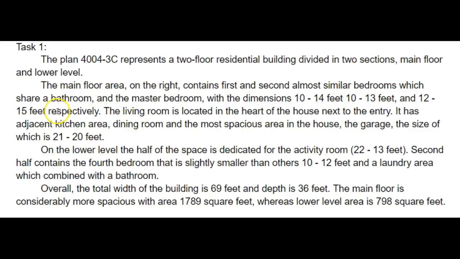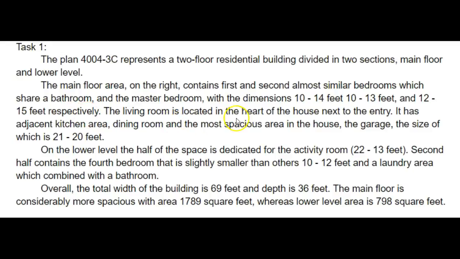If you're going to use a respectively phrase, keep the list of things quite short so that the whole sentence comes together easily. So on the right of the image is the main floor area. It contains the first, second and master bedrooms with the dimensions X, Y and Z respectively.